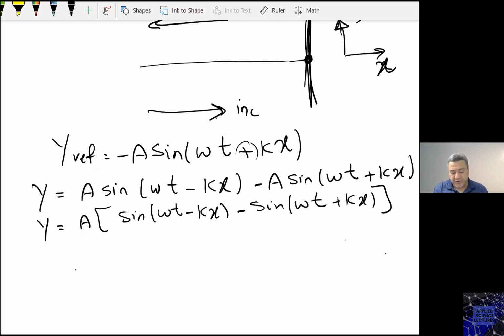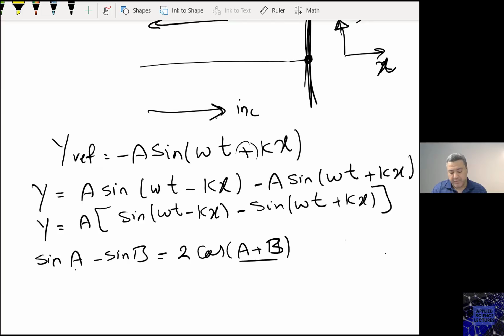From the trigonometric identity, sine A minus sine B, we have 2 cosine (A plus B) divided by 2 times sine (A minus B) divided by 2.